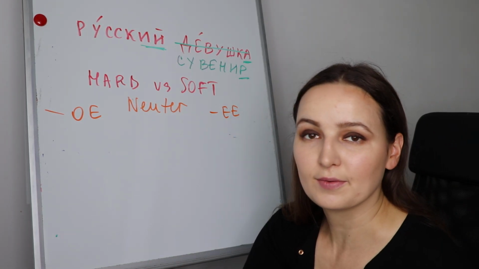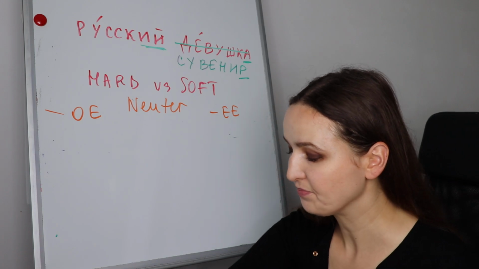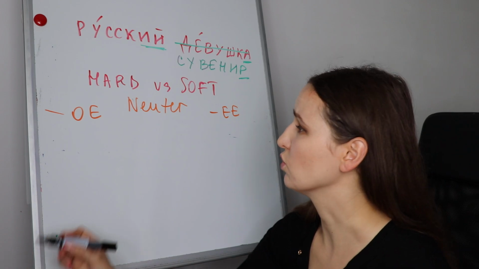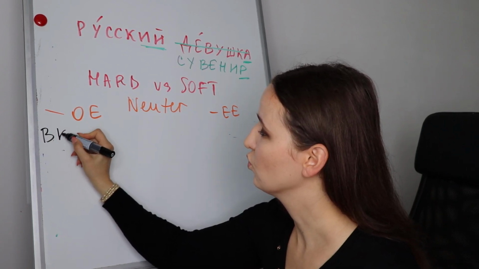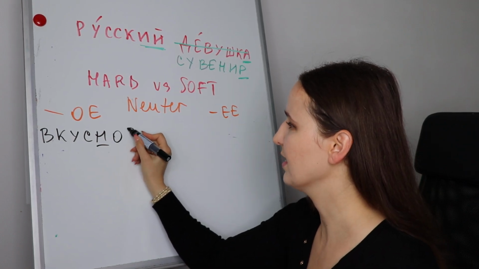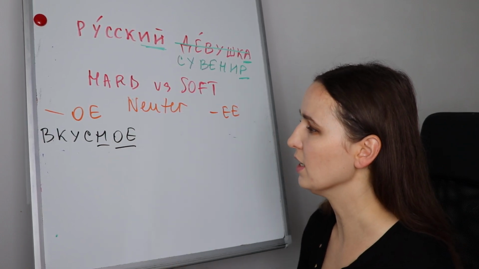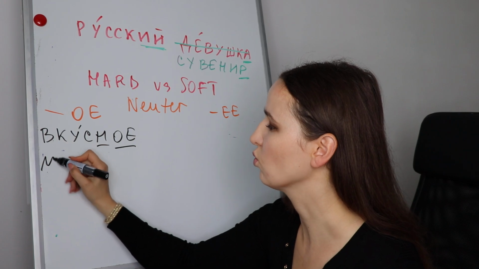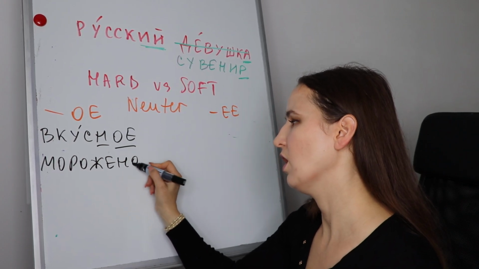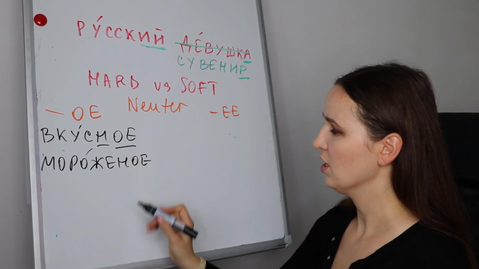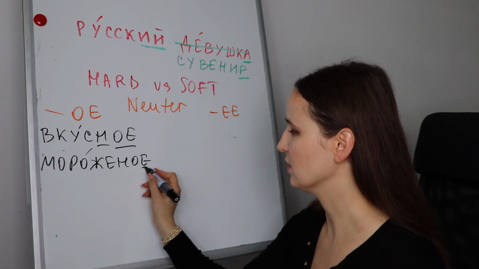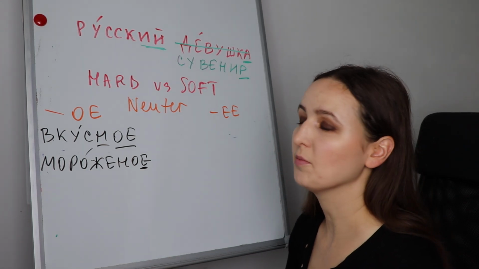Now let's look at the examples. Вкусное мороженое. Hard. Вкусное. So I will use the ending ое. Вкусное мороженое. Tasty ice cream. Мороженое is neuter.